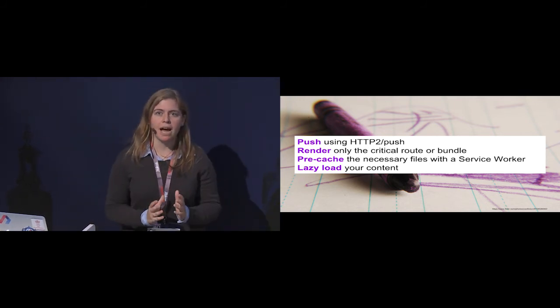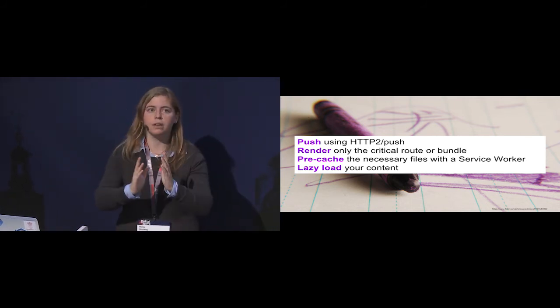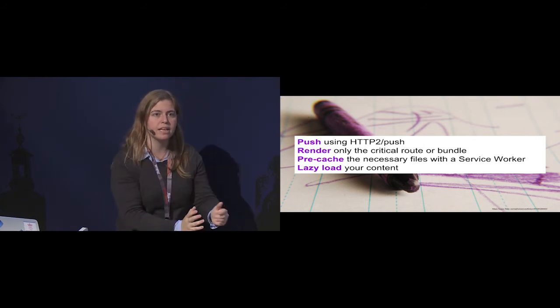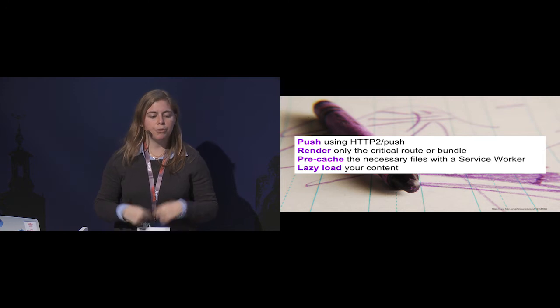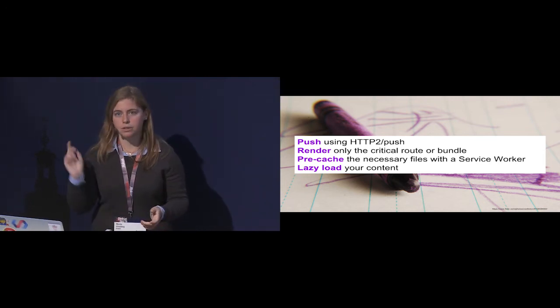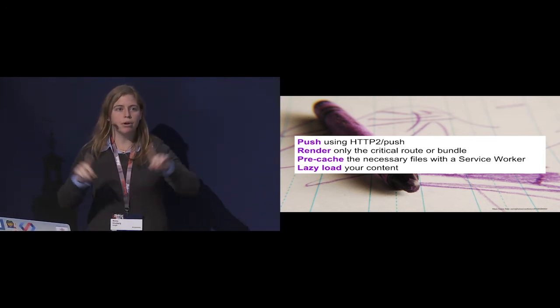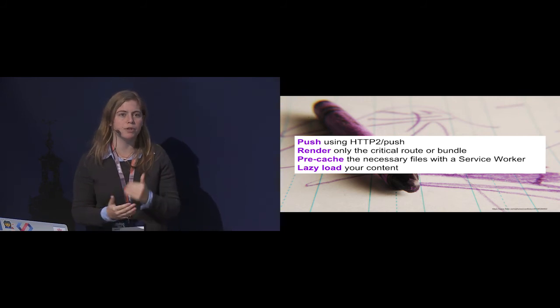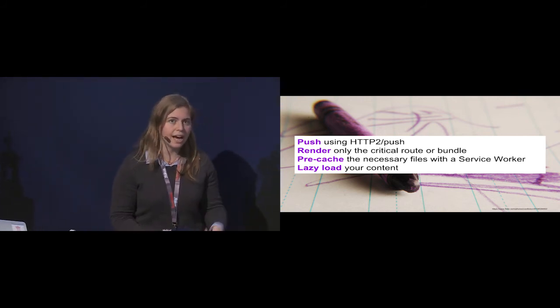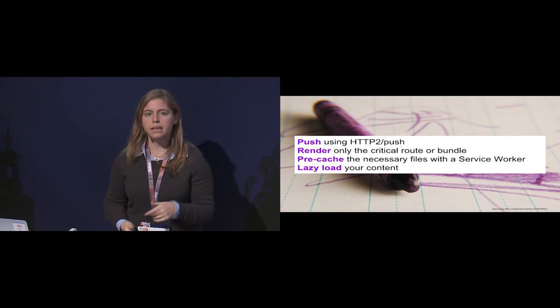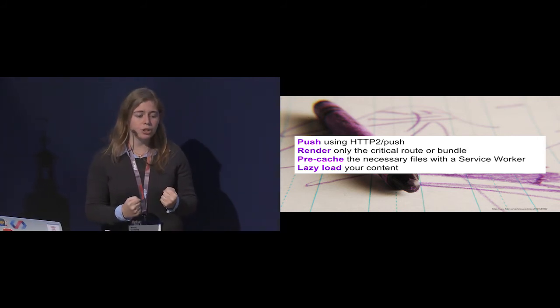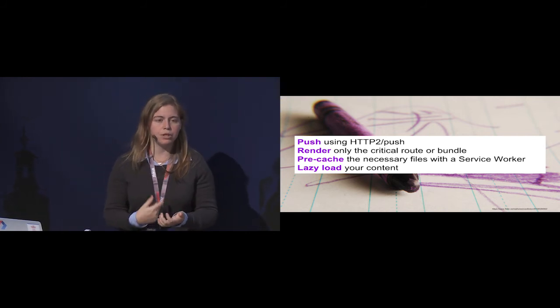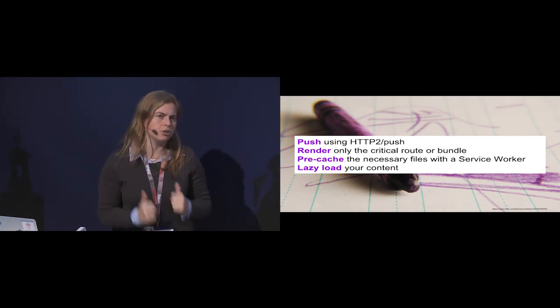So you want to bundle your app based on different shells or different routes that a user might take, and only push the critical one. Then pre-cache the necessary files with a service worker, so everything peripheral or tangential, whatever you think the user might go to next, you'll pre-cache for them. And finally, lazy load your content: only actually load and push when you see that the user has made a gesture that indicates they actually want to read it.